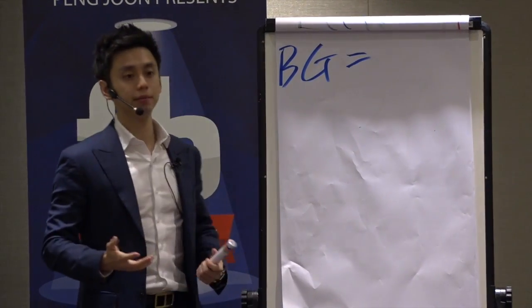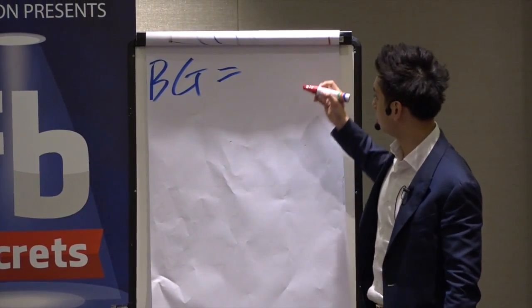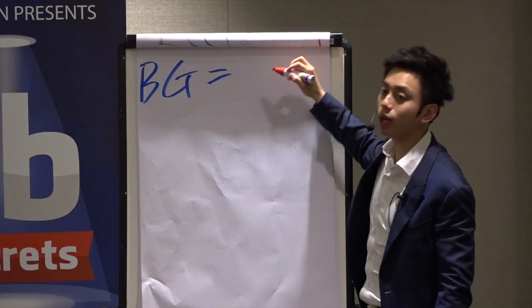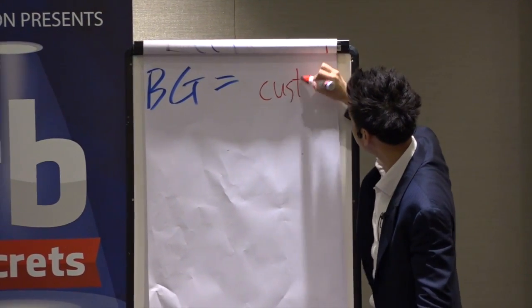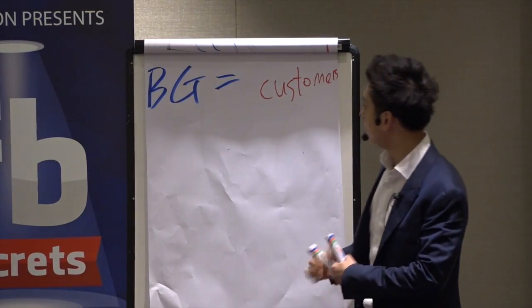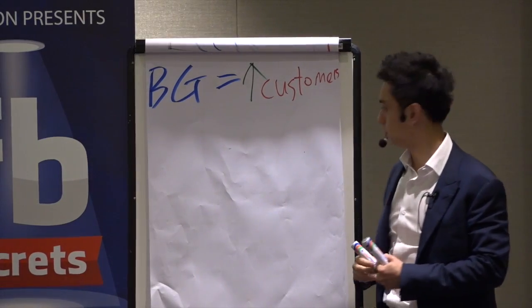The first method, what do you think is the first way to grow a business? What do you need to increase? Okay, if you can get more customers, which is number one, right? If you can get more customers, then you would be able to increase your business.